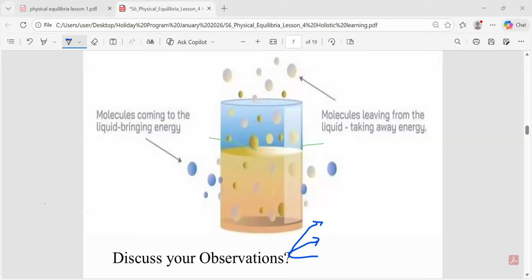What I observe from the diagram is that these molecules are coming to the liquid, bringing energy. I think the energy is the factors that are surrounding the container.